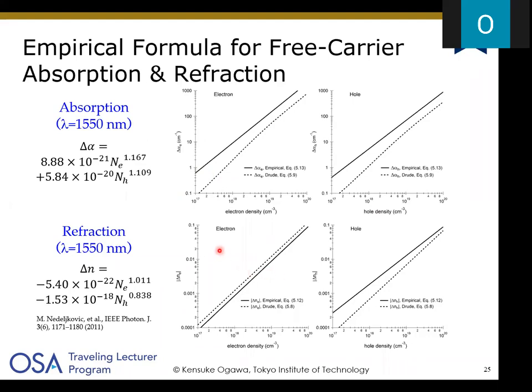So to design your optical modulators precisely, this empirical formula is extensively used. That's based on the group by Soref. And if you want to look at more details of the empirical formula, you can check this reference.